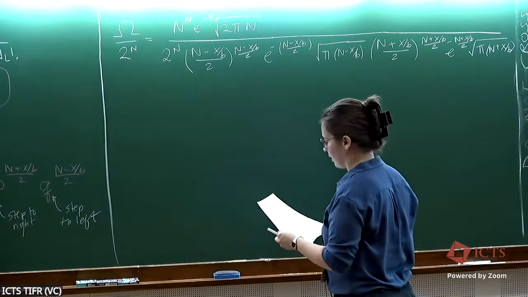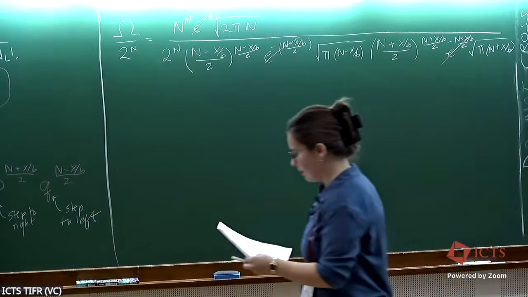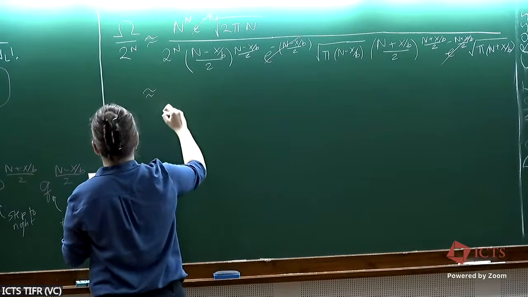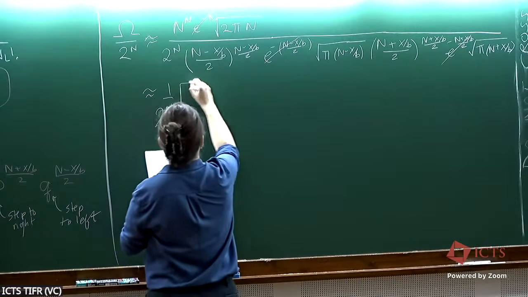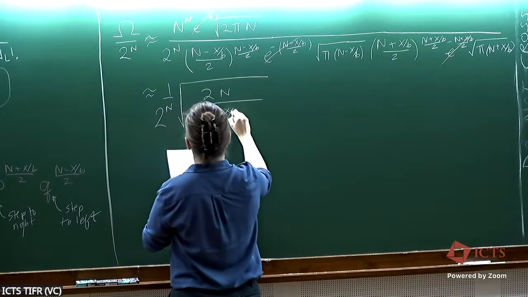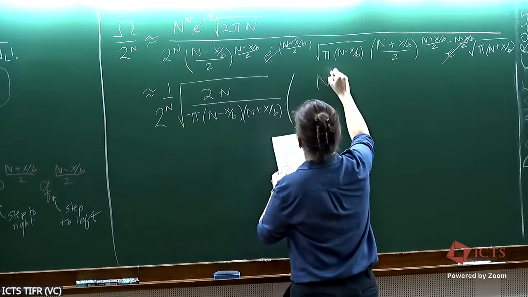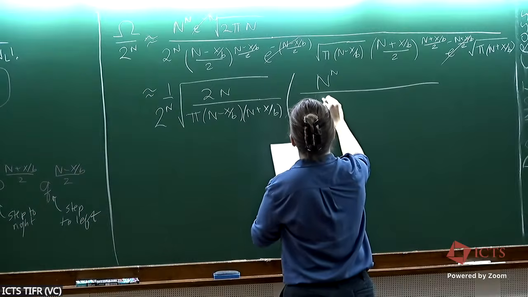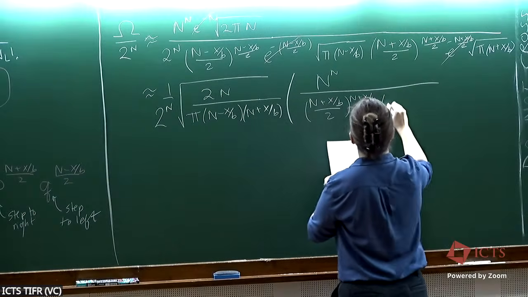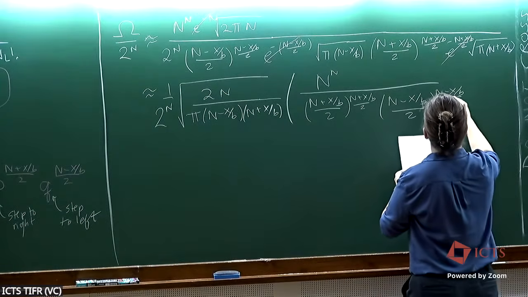Now, some things will nicely cancel. All these exponential factors will cancel. And this is an approximation, and this will become approximately 1 over 2 to the n, square root of 2n over pi times n minus x over b, n plus x over b, and then n to the n over n plus x over b over 2, and n plus x over b over 2, and n minus x over b over 2, and n minus x over b over 2.